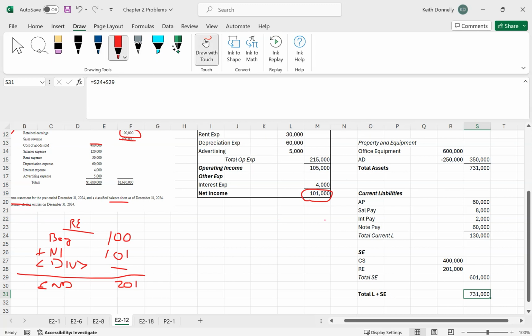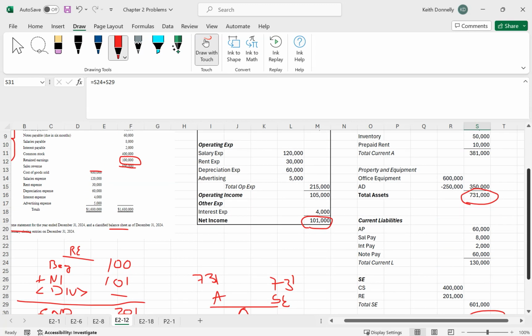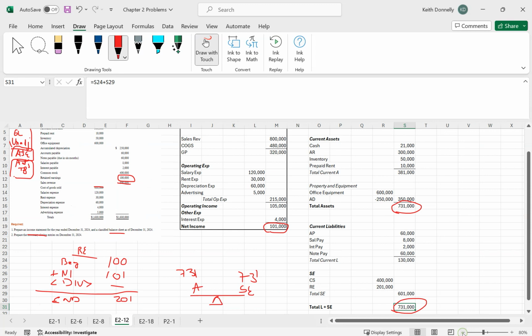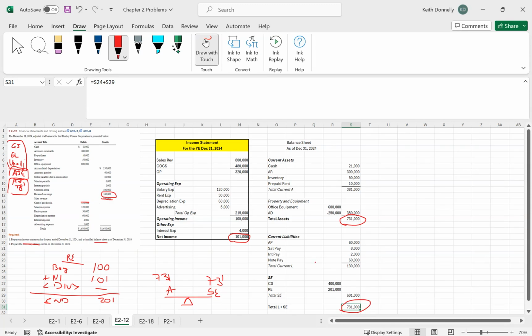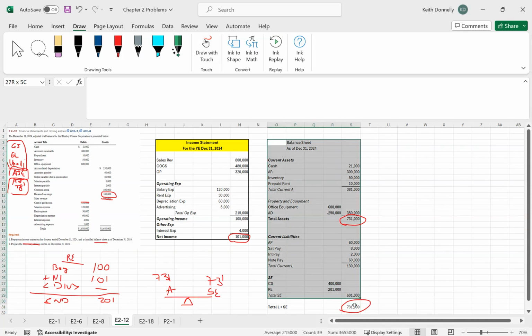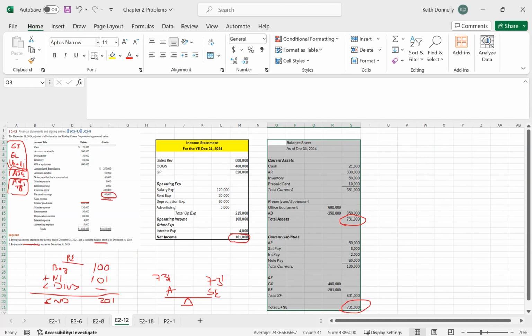So what this means is we balance. Our assets equal our liabilities plus our stockholders' equity, 731 and 731. Okay, let me zoom out on this. Again, I'll box that off.